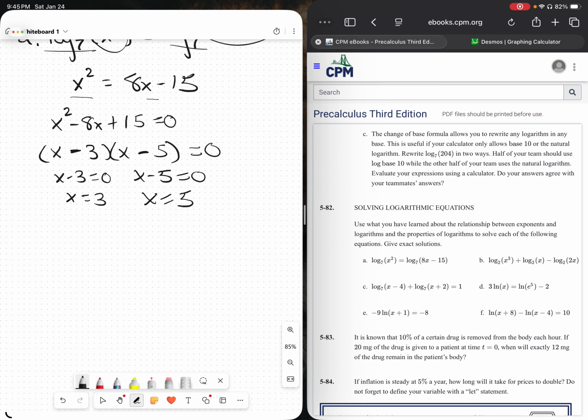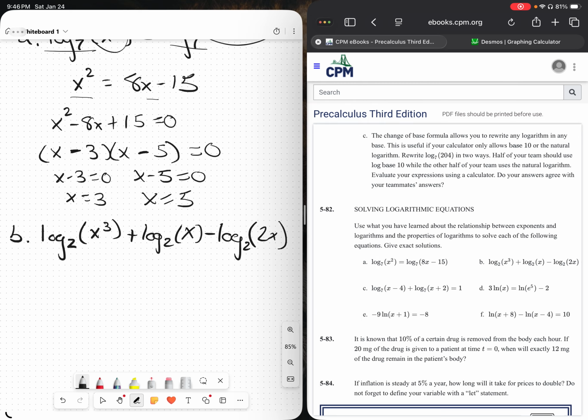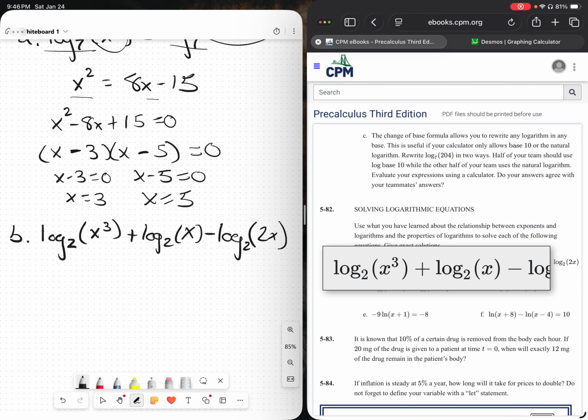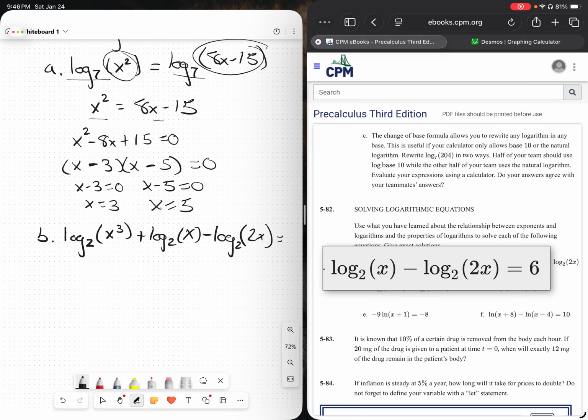And then let's look at B. You have log base 2 of x to the third plus log base 2 of x minus log base 2 of 2x equals 6.